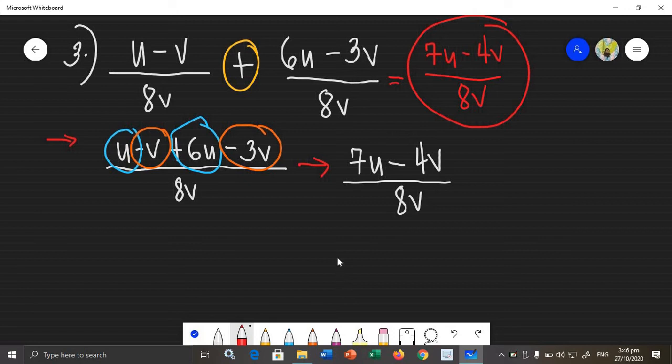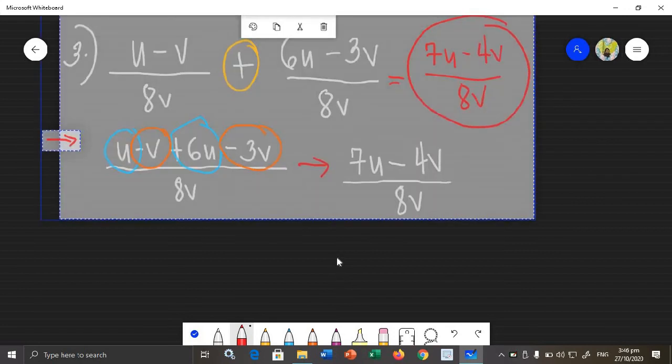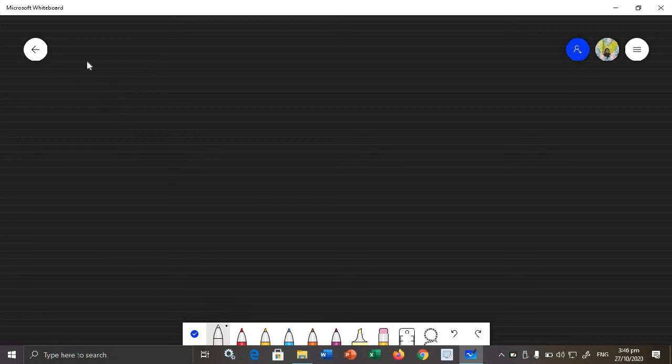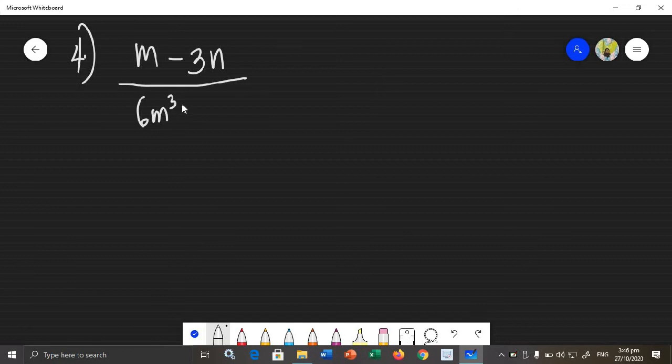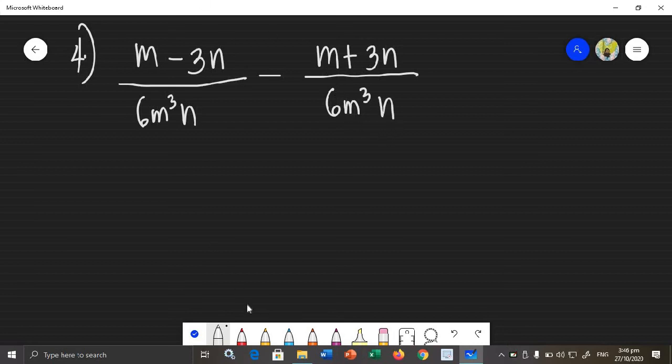And then the next example, let's say we have example number 4. And let's say we have m minus 3n all over 6m cubed n minus m plus 3n over 6m cubed n. So yeah, let's say we have that.